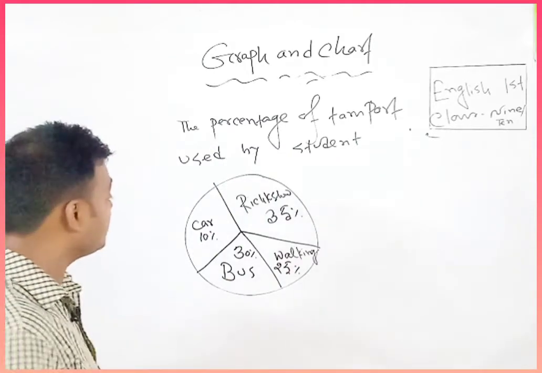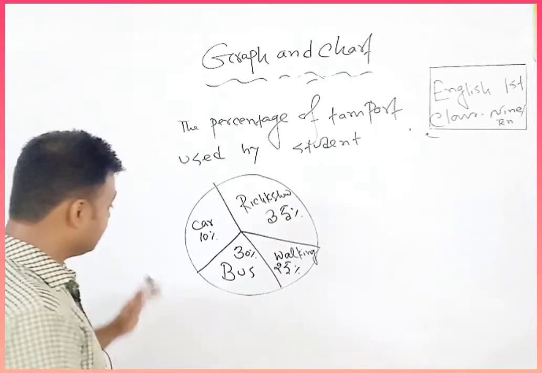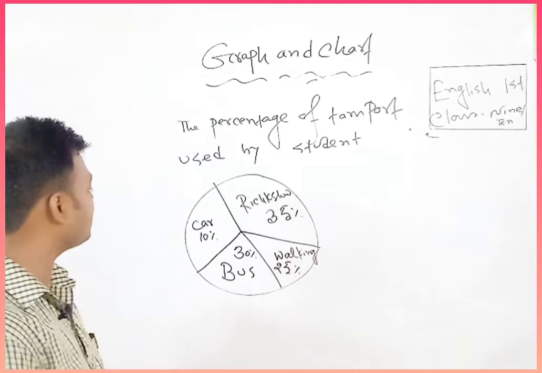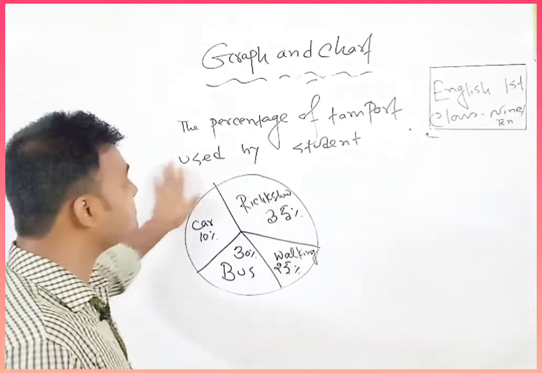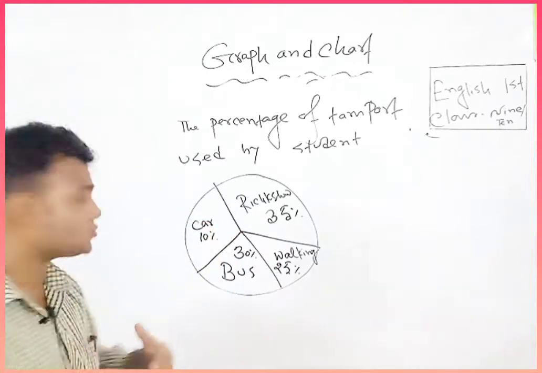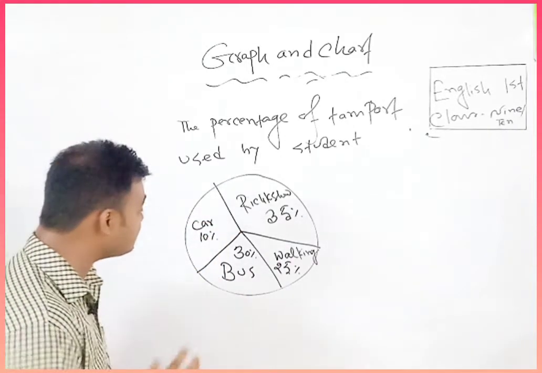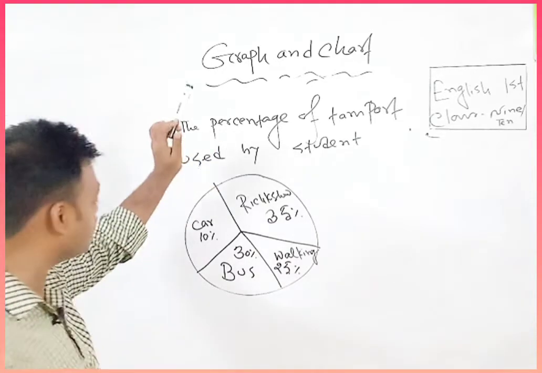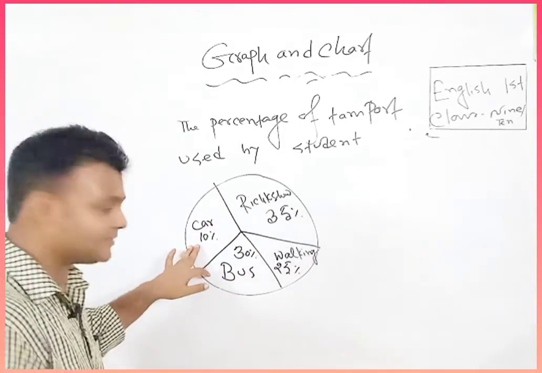So dear students, you should start your writing like this: the pie chart gives us information about the percentage of transport used by students to go to school. We have seen that only 10% of students used a car to go to school.